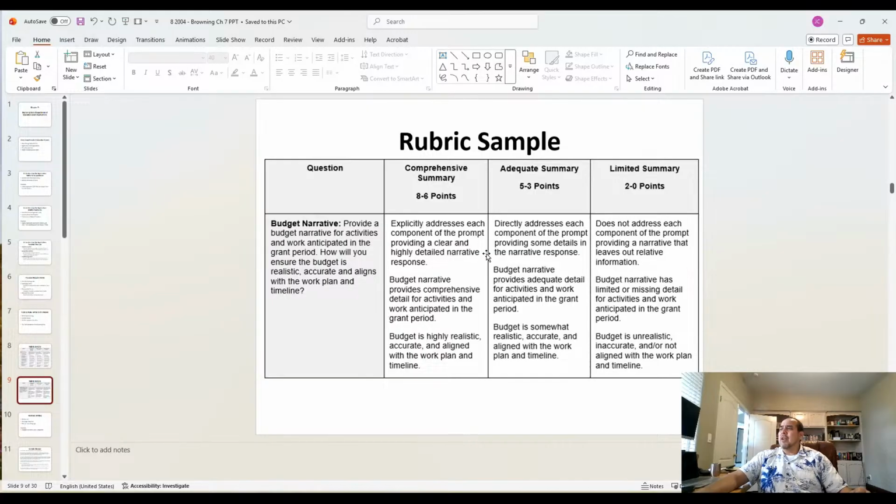All right. And so for comprehensive, here you explicitly address each component, providing clear and highly detailed narrative. The budget narrative provides comprehensive detail for activities and work anticipated in the grant. It's highly realistic, accurate, and aligns with the work plan and the timeline. So a lot of people, when they start writing a grant, write the budget first.